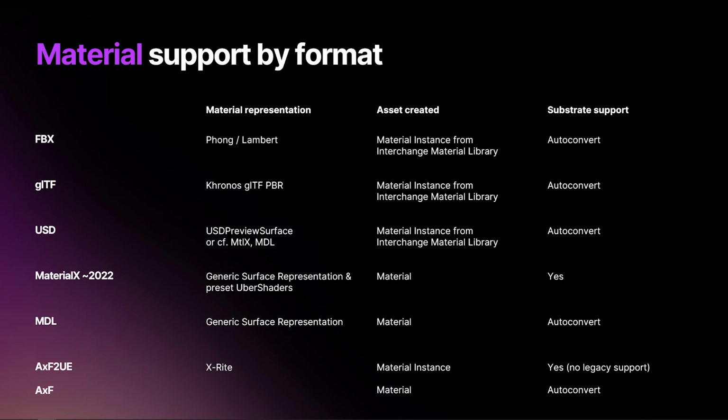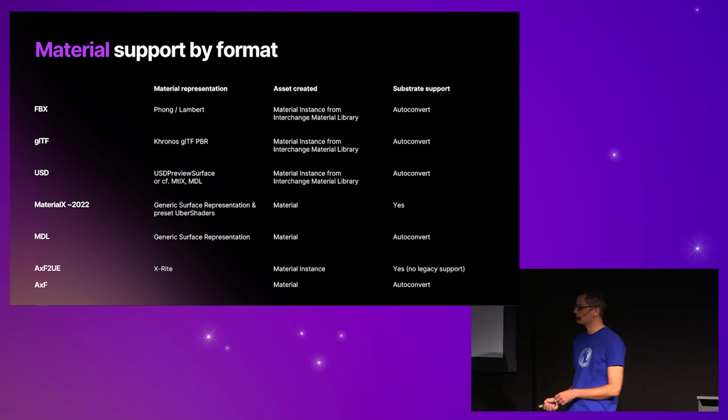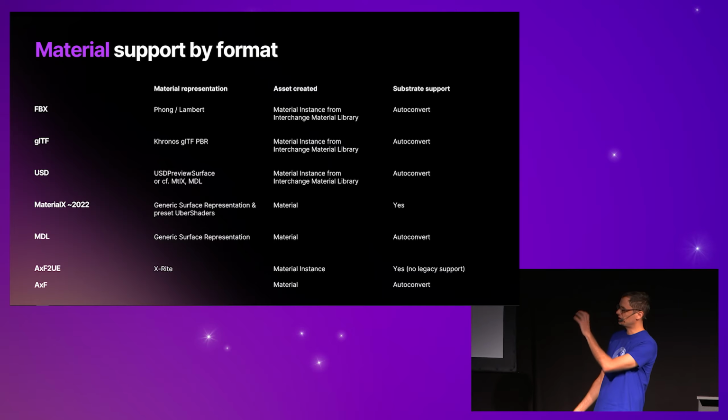The USD preview surface can also be represented in MaterialX. So this is quite cool, because what Substrate allows us to do now, generating custom surface representations, ties well with what MaterialX is doing, so we can transfer things more realistically and reliably between the MaterialX description and what we have in Substrate.